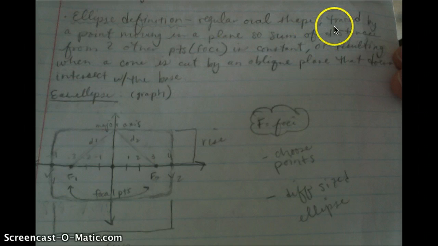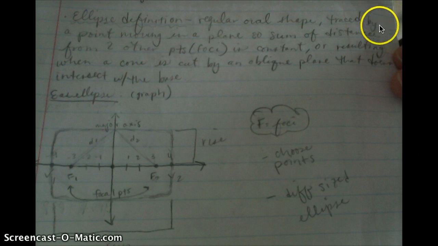An ellipse is traced by a point moving in a plane, so the sum of the distances from two other points, or foci, are constant.